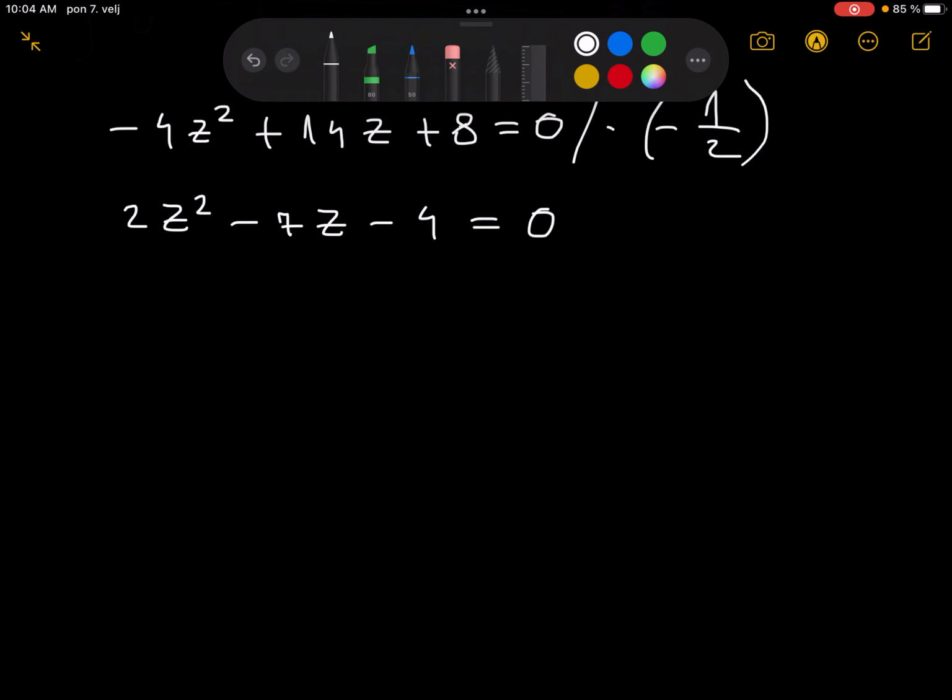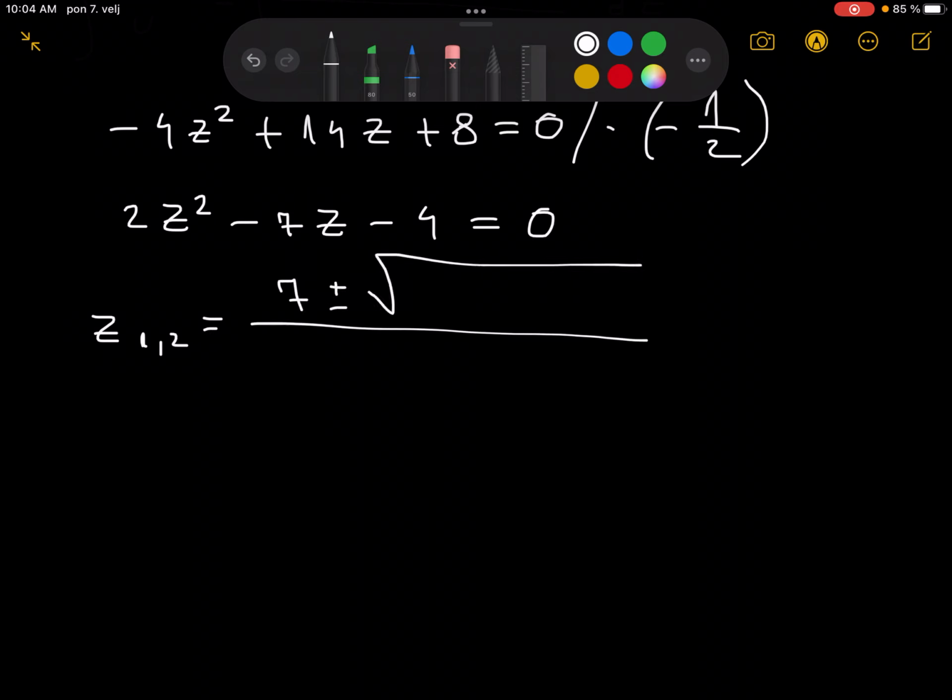And from here, I'll get that z1,2 is equal to 7 plus or minus the square root of 49 plus, minus 4 times minus 4 is 16 times 2, and everything over 4.